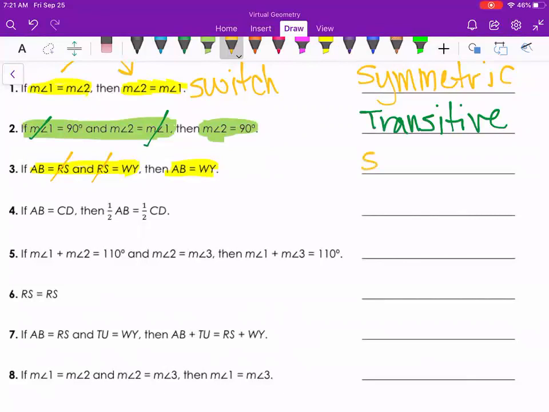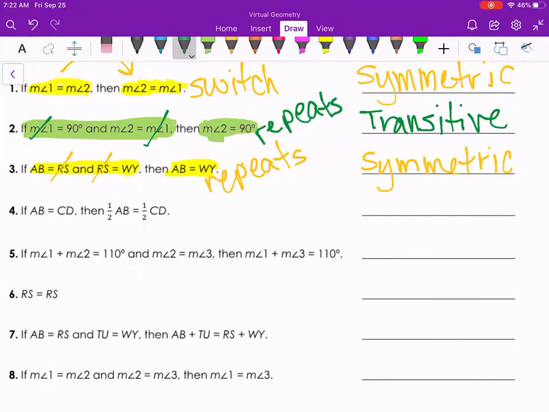So this is another symmetric, but this time done with segments instead of angles. So again, this was, I'm sorry, not a switch. This was remove the repeats. And so was the one before it. We removed the repeats.